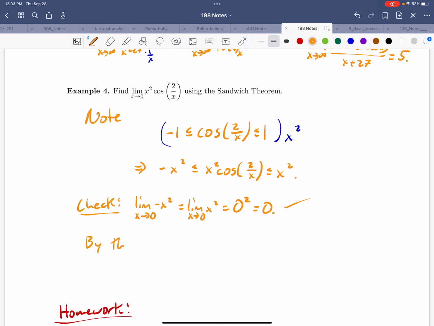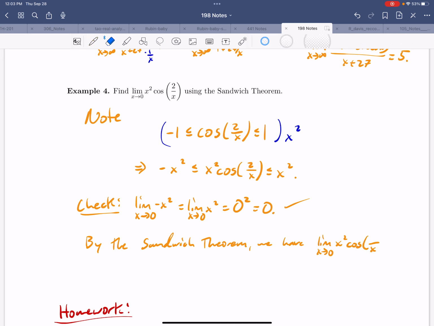So by the sandwich theorem, we have that the limit as x approaches 0 of x squared cosine of 2 over x equals 0. So we do have an answer of 0 in this case, but note that here x was not approaching infinity.